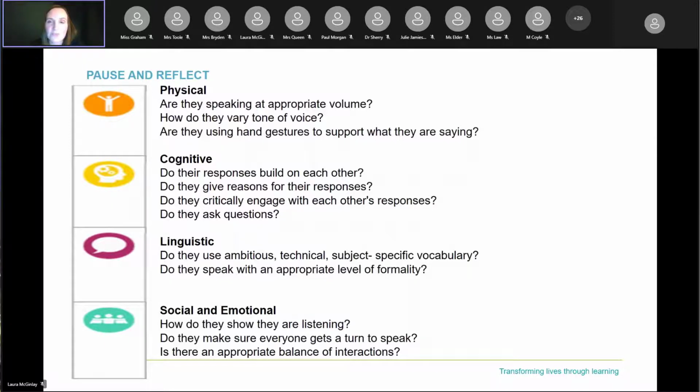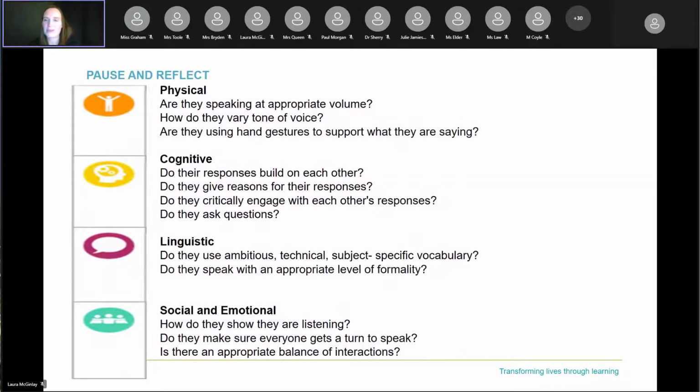So we've just watched a film clip and we've been considering how those learners are using talk for learning, and specifically looking at some of these prompt questions just to think about what they were doing well, what their next steps might be, and then thinking about the different skills that are sitting within the Oracy framework for this group of learners.